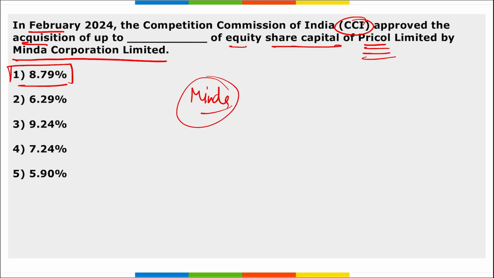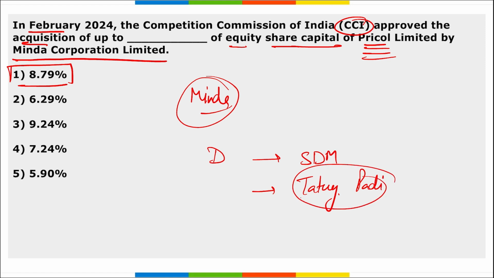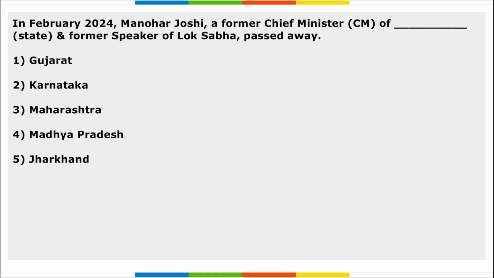Precol Limited. 8.79% will be acquired here. Then apart from this, tell me who has been appointed as the Director of Skill Development Ministry. Tatung Padi has been appointed as the Director of Skill Development Ministry.